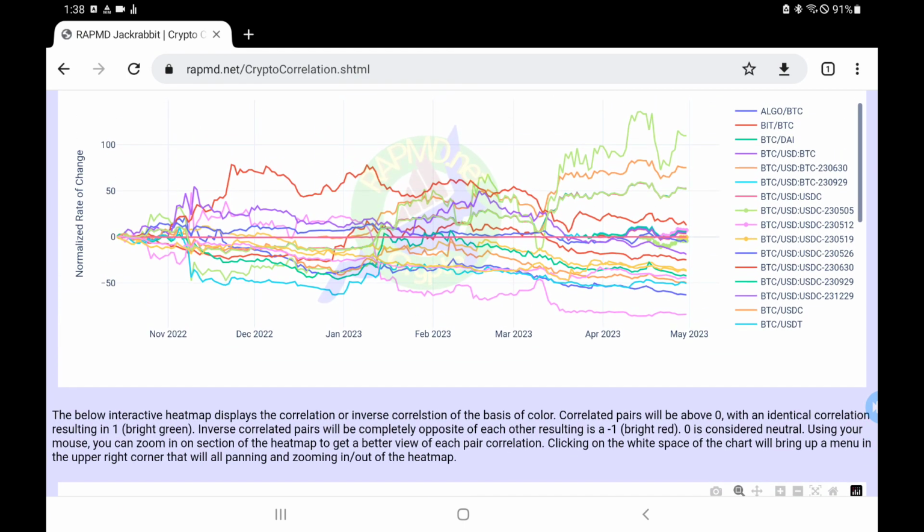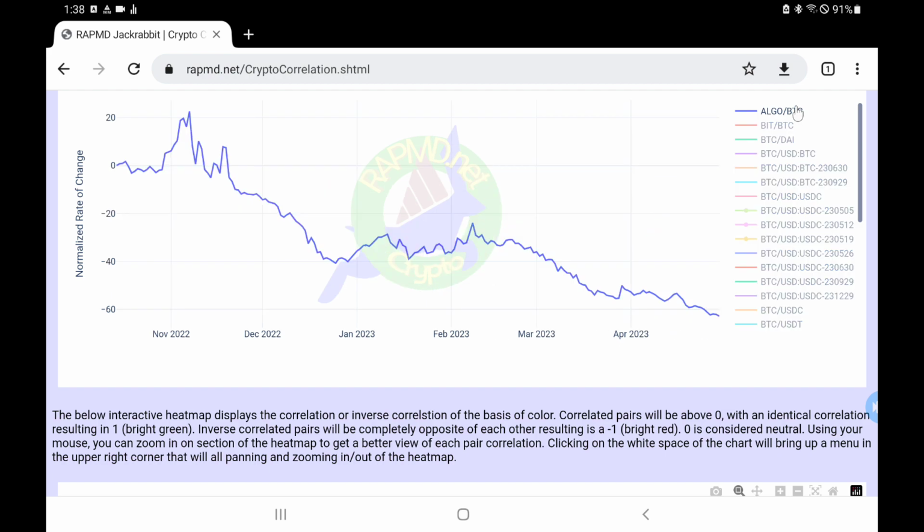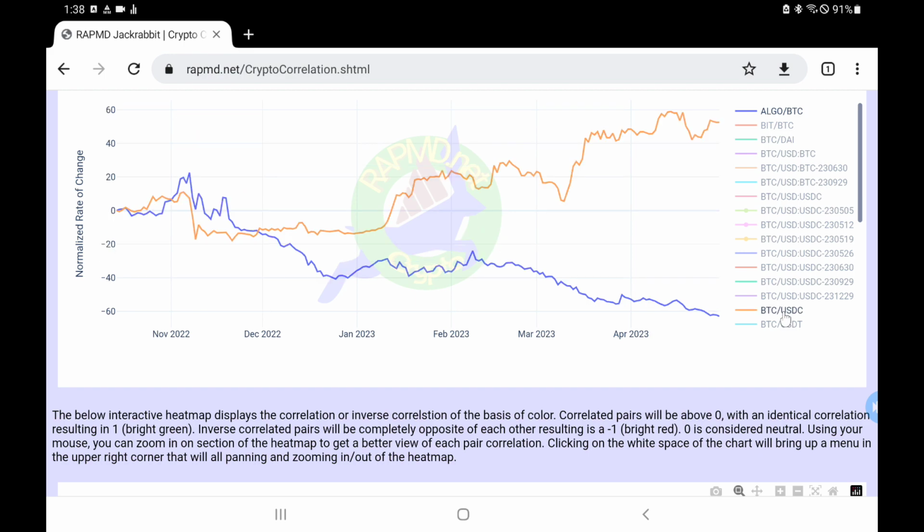So let's come here, double click on Algo BTC, and left click or single click on BTC USD. And indeed, we see that right now they are very much inversely correlated.